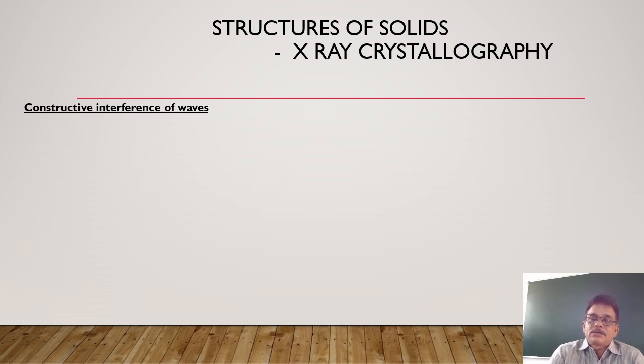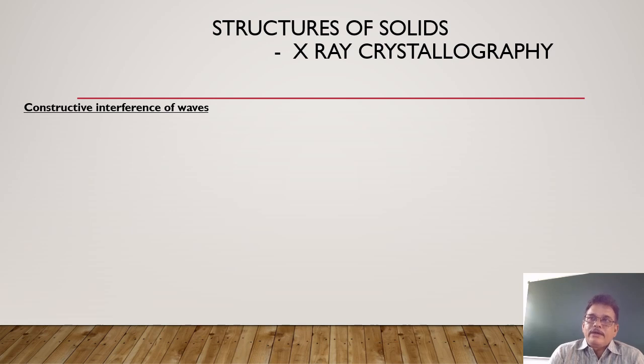What is diffraction? Bending of a wave at a fine edge or at the tip of a needle is called diffraction. Simply, bending of a wave is called diffraction. Then what is interference?